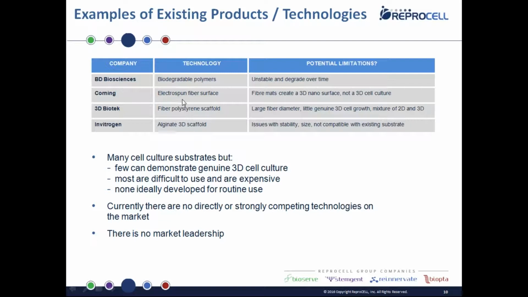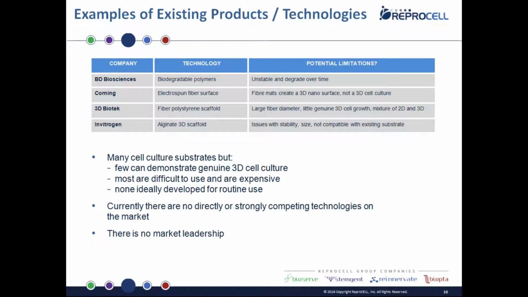In terms of electrospun fibers, the fibers create a fiber mat. It's actually quite difficult to get a consistent mat. We have experience of it, and it is a very tricky technique to get right, so you get problems in consistency.